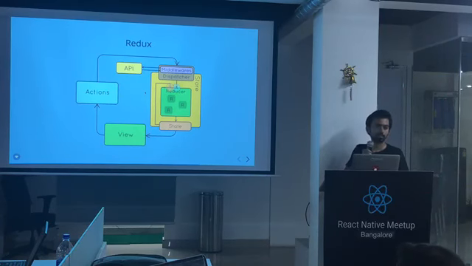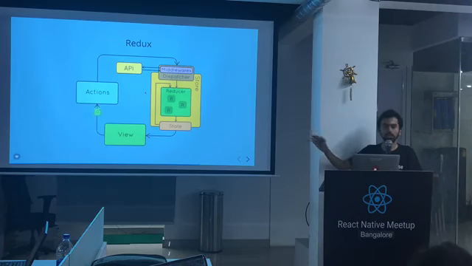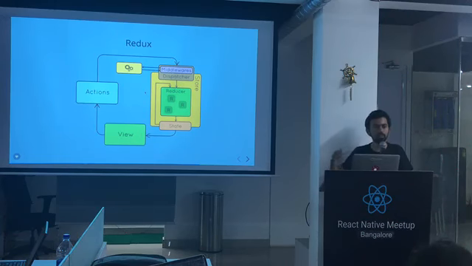What does the reducer do? So the reducer: whatever action is dispatched goes through the reducer. We have different reducers in our store, and some actions are mapped to reducers. The reducer will check what action was dispatched, and according to that, it will make changes to the state.